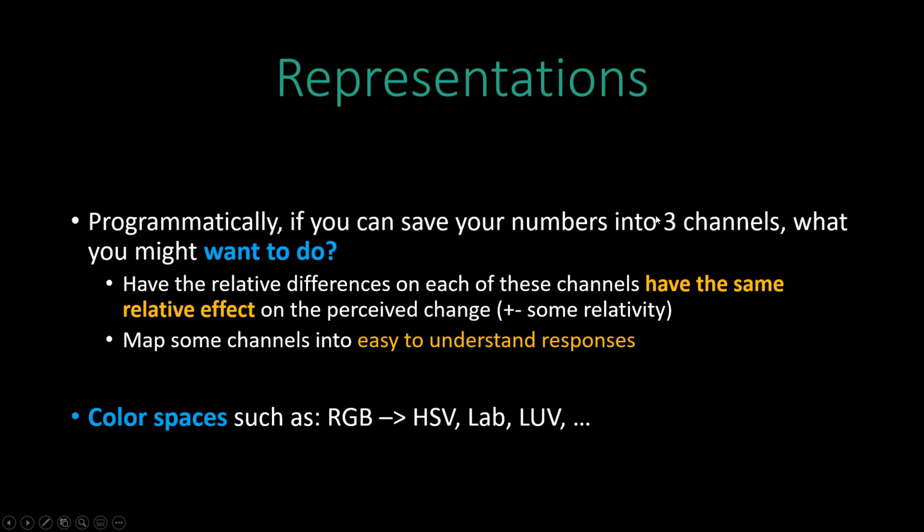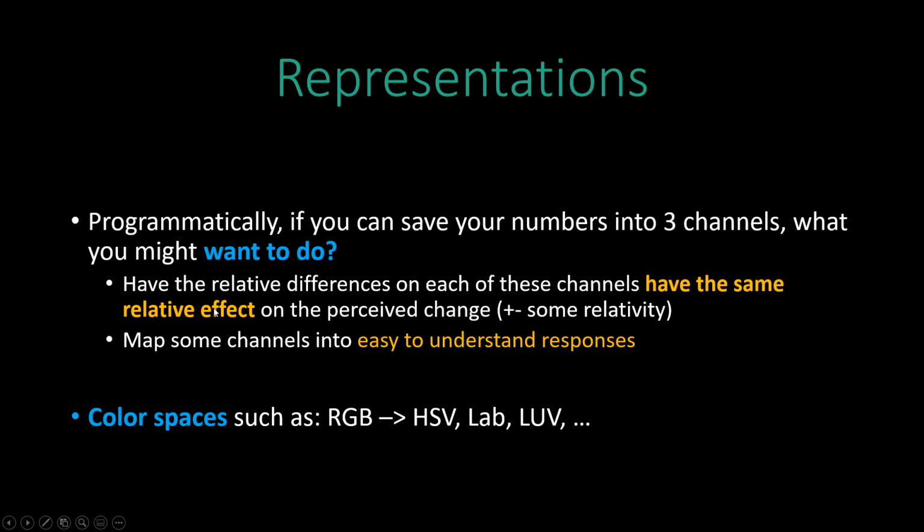One thing we might want is that changing the color on one of these channels by one jump, the relative effect of jumping in a different channel with the same jump would affect the perceived change the same, plus or minus, right? Because everything is relative with colors.